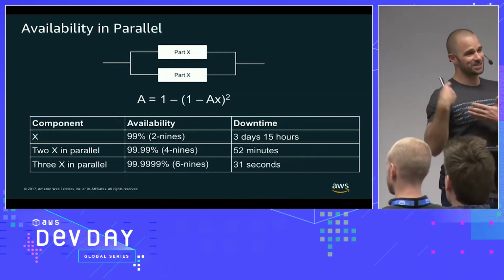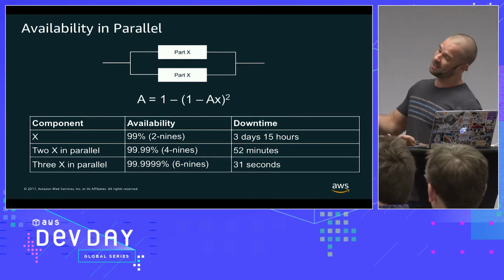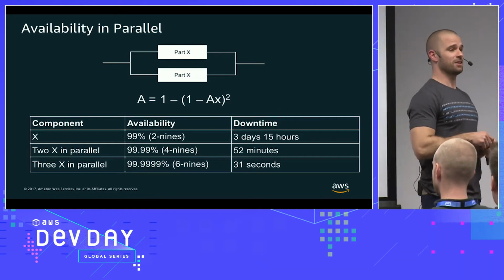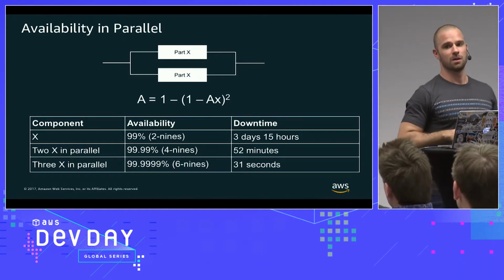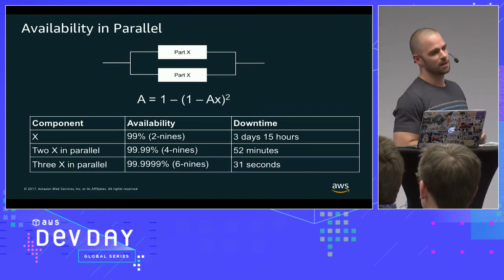When I see those numbers, even though I know them, it's always mind-blowing for me, right? It's as simple as that. And if you put them 3 times, all of a sudden you have 6 nines of availability, right? So it's super important to understand how you do that.